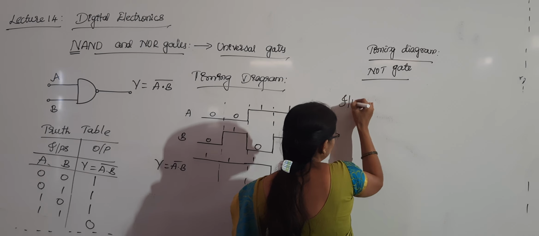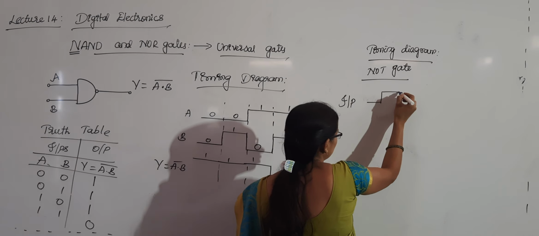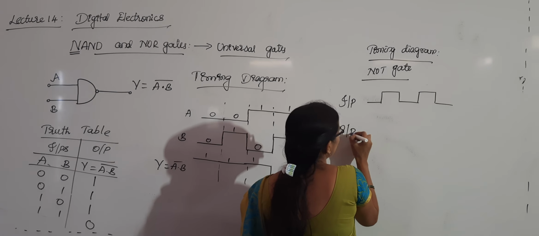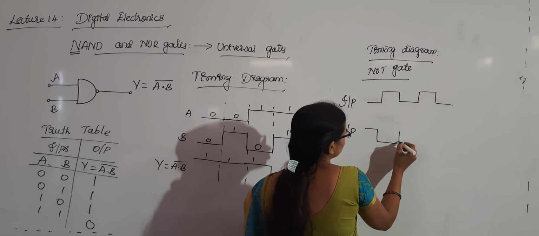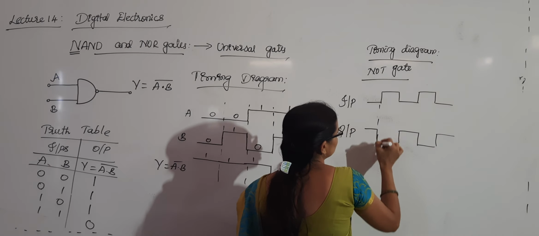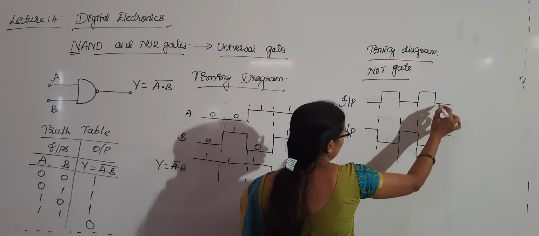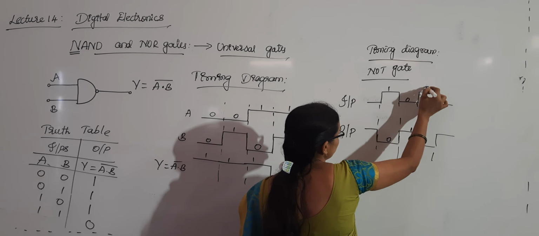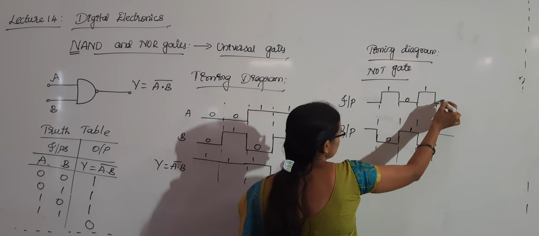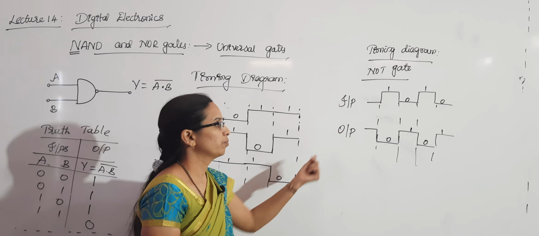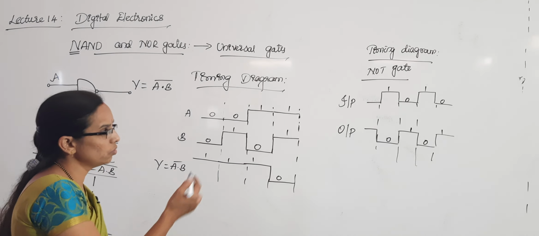For the input, if you have an input like this, the output will be: for input 1, output will be 0; for 0, it is 1; for 1, it is 0; for 0, it is 1. This is the timing diagram for the NOT gate. We forgot it in the last session, so I have drawn it.